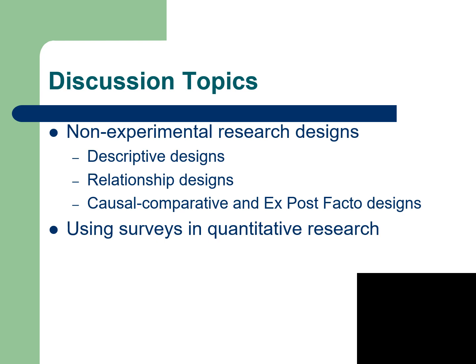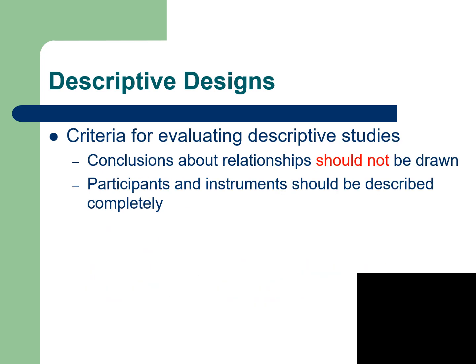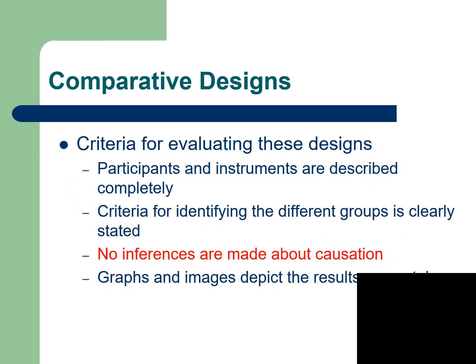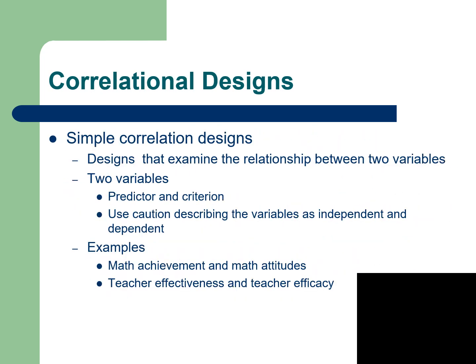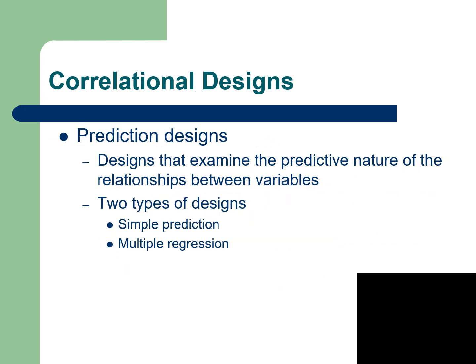When it comes to controlling the variables, this means we will do what we call experimental design. So we discussed last week descriptive design, and comparative design as well. Then correlational design. In correlational design, we talked about simple correlational design and prediction design.